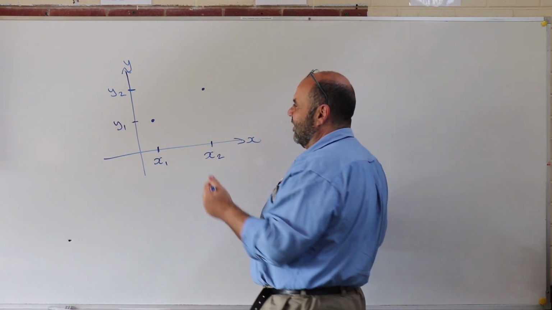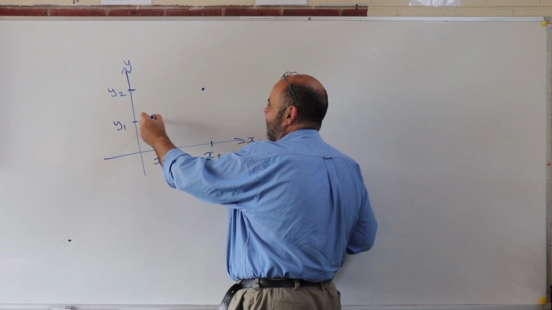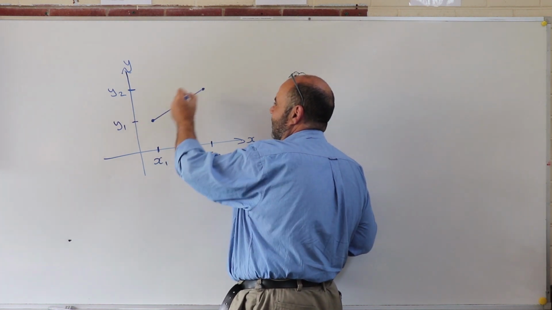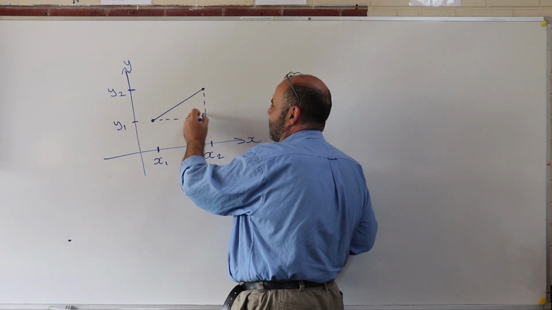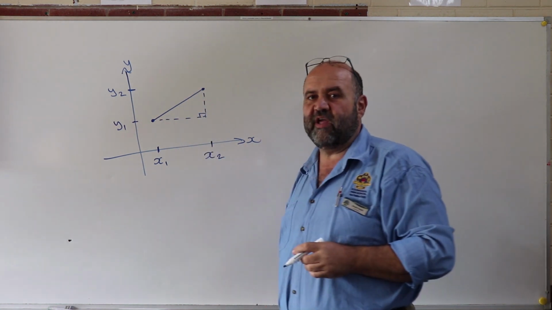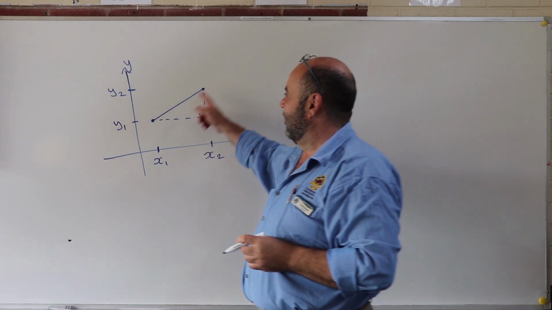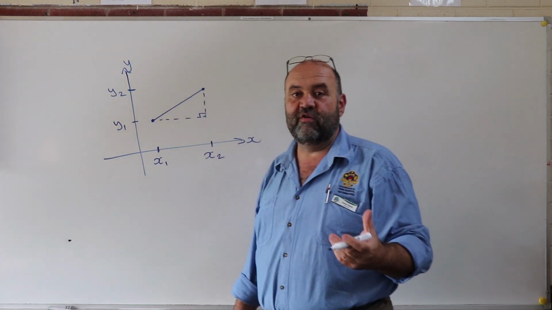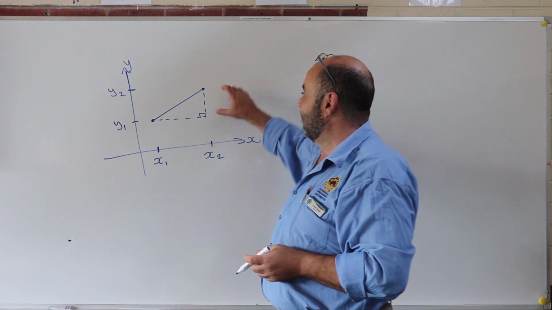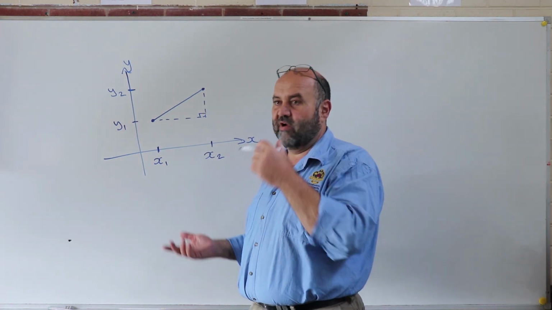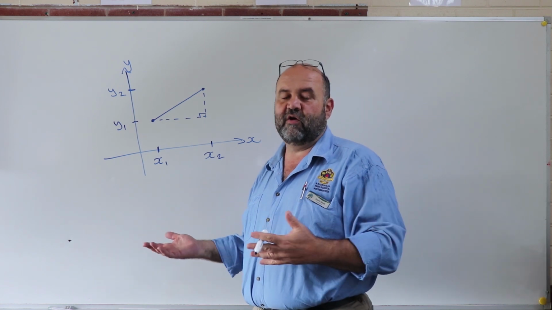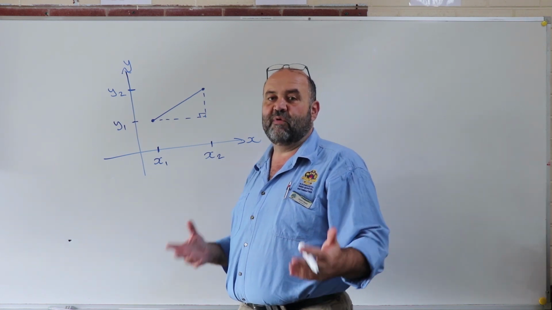So if I think about the triangle that those two points form the hypotenuse of, well, that triangle is a right-angled triangle. Now, when we think right-angled triangles, we should remember our old mate Pythagoras and Pythagoras' theorem.